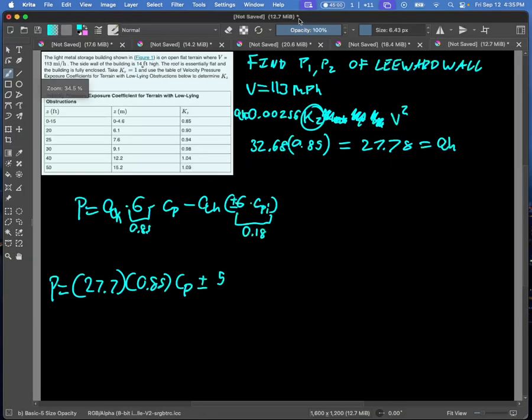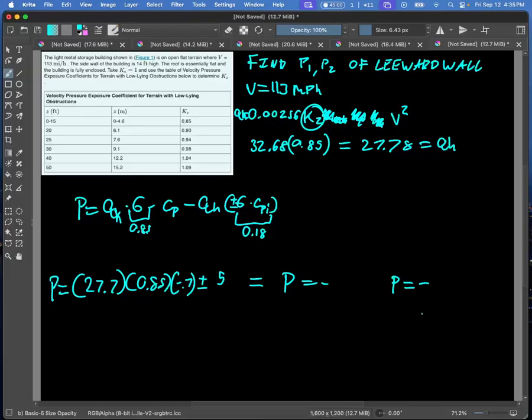So coming back into here, we can now replace this with negative 0.7, which is going to give us two p values, p equals and p equals, and they're both going to be negative. So now 27.78 times 0.85 times negative 0.7.